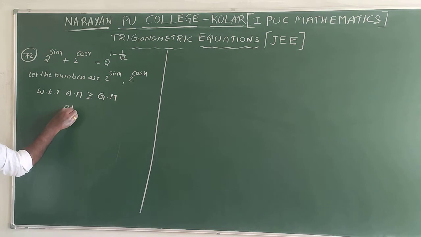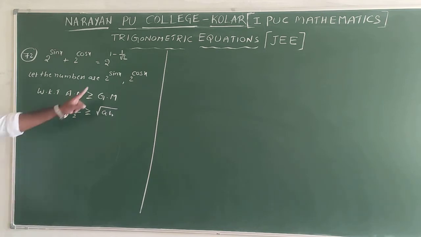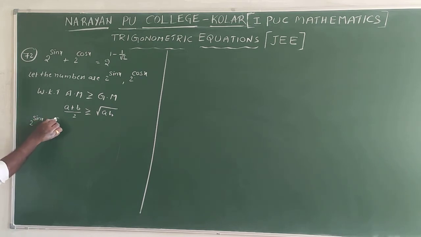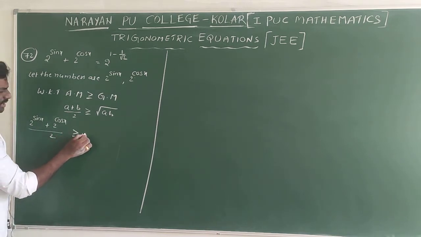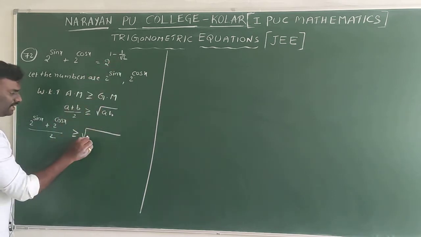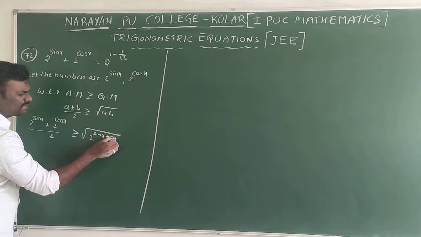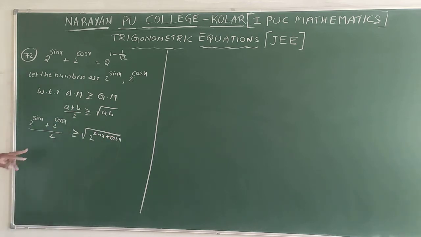Arithmetic mean formula is A plus B by 2, geometric mean formula is root of AB. This is A, this is B. Substitute: 2 power sin x plus 2 power cos x by 2 is greater than or equal to under root of the product. Bases are the same, so powers should be added. Now 2 power sin x plus cos x, you cross multiply this.